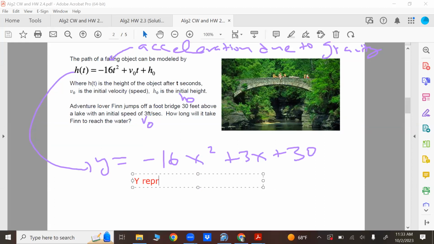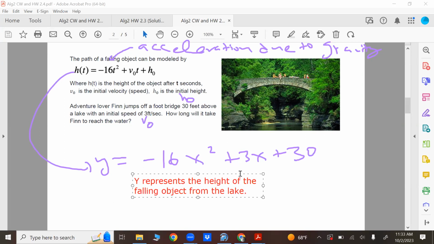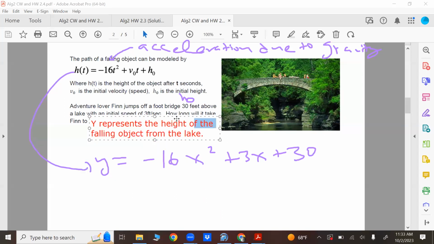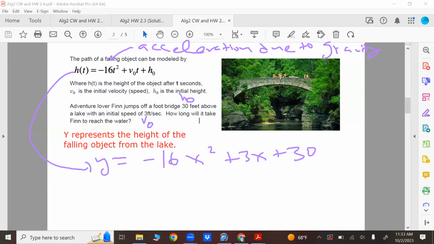Y represents the height of the falling object off the lake. So before he jumps, what's his height from the lake? How high is he off the lake before he jumps? 30 feet. When he hits the lake, what's his height now? 0.